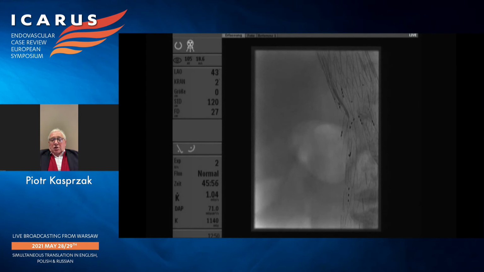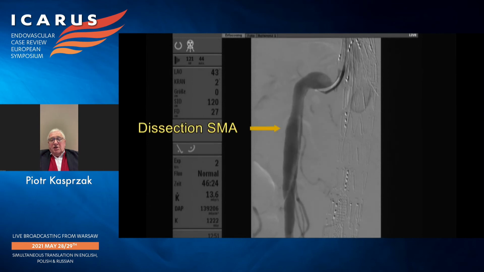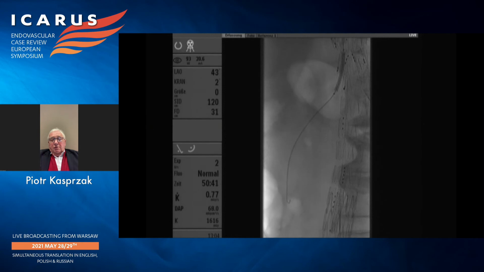The next one was the dissected superior mesenteric artery. You still see a dissection here. We got to the true lumen and exchanged the wires for, in this case, the Rosen wire.